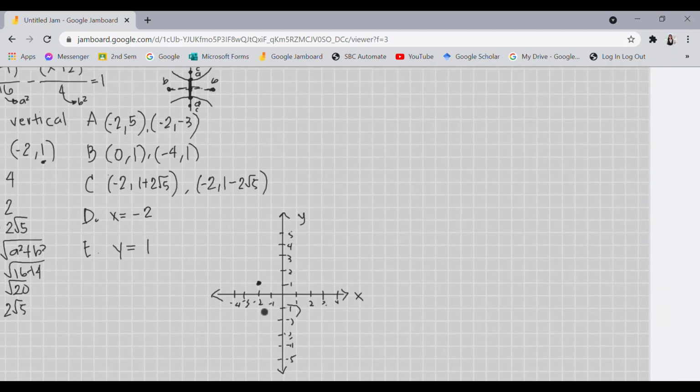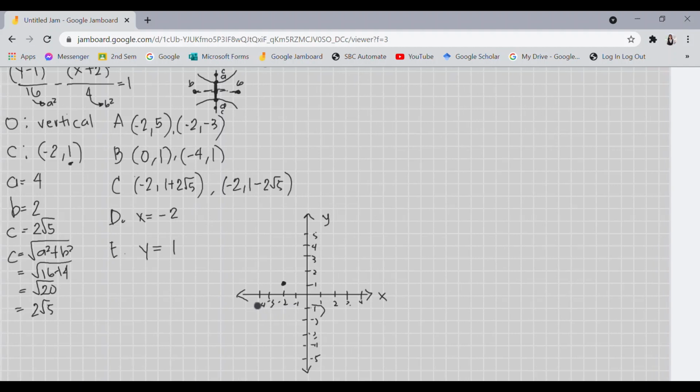And then, since tayo ay vertical, from -2, 1, pataas tayo ng 4. So, -2, 1, -2, 2, 1, 2, 3, 4. Okay? So, this is our point. Okay? We have -2, 5, and pababa naman tayo ng 4.